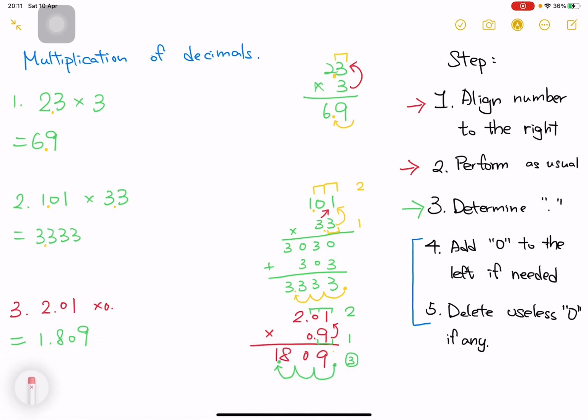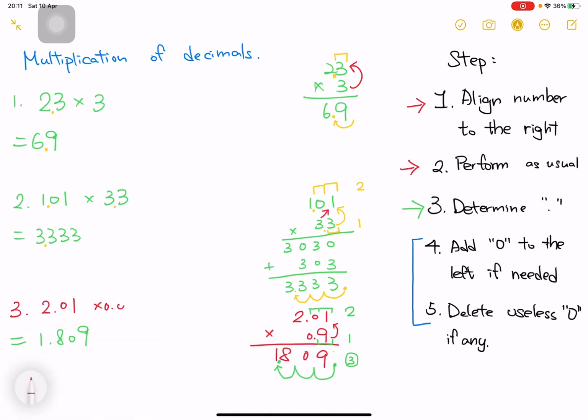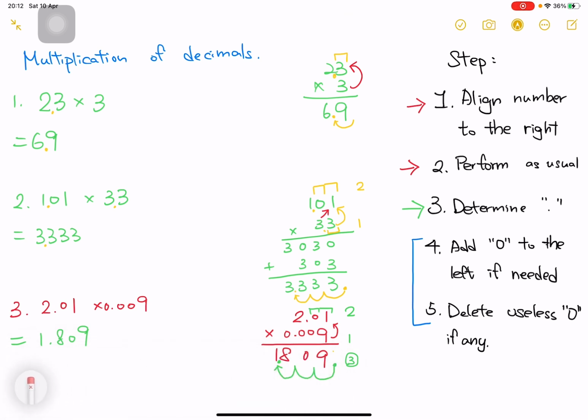I want to change from 9 to 0.0009, and I change the calculation part here, which is 0.009.